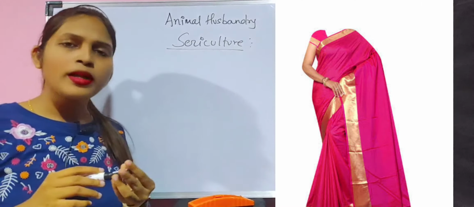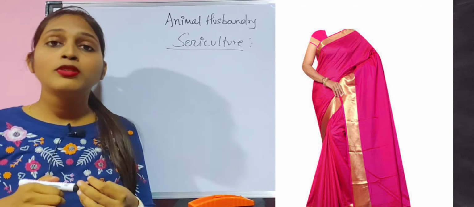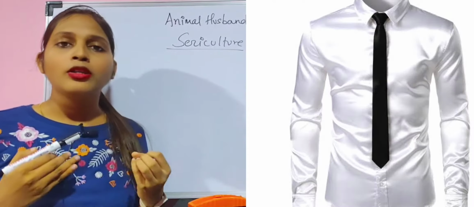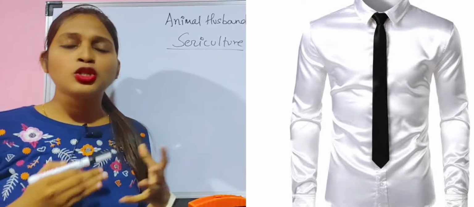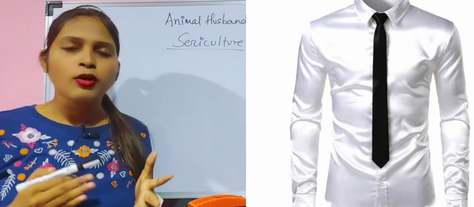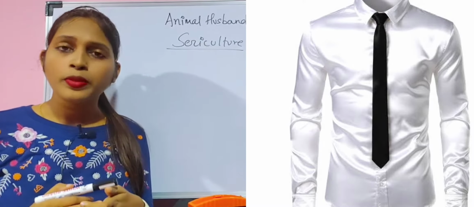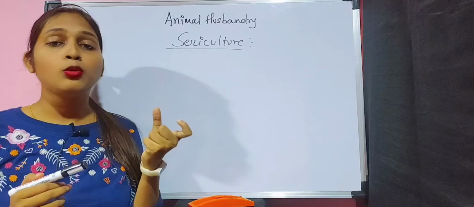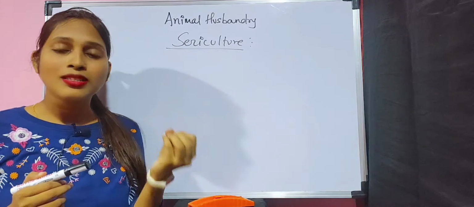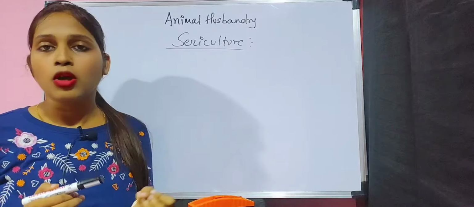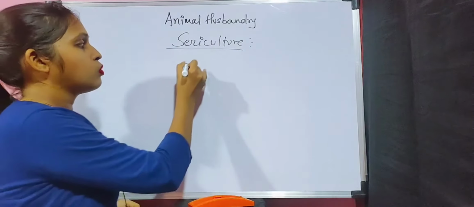Now, you might have seen your mom wearing a beautiful silk Kanchivaram sari or your dad wearing a beautiful, very shiny, silky, smooth shirt or a tie, isn't it? So, the question is, the shiny, smooth silk, from where is the silk obtained?